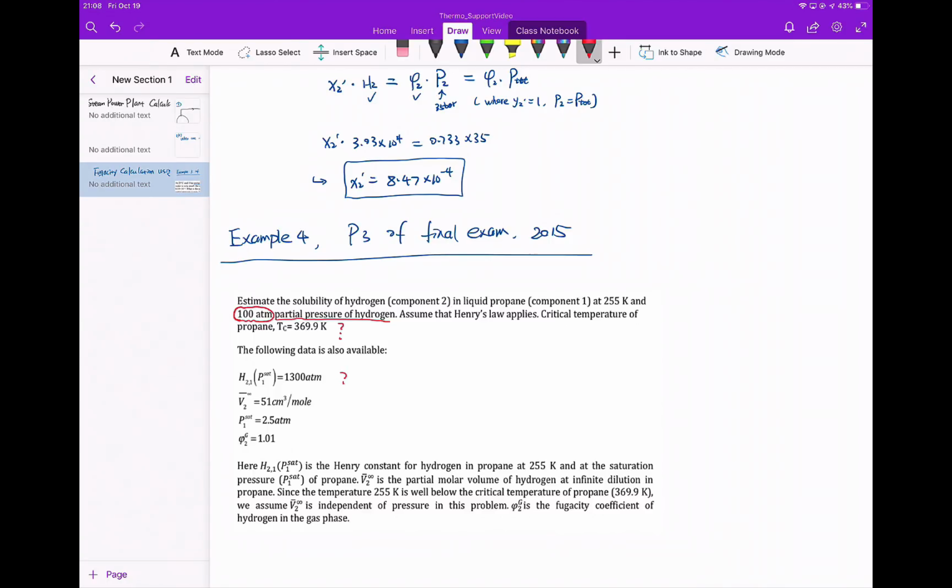This is V sub 2 at infinity, partial volume, is 51. What is that? P1 sat, which is the saturation pressure of liquid propane, is 2.5 atm. The fugacity coefficient of component 2, which is hydrogen, in the vapor phase is 1.01.